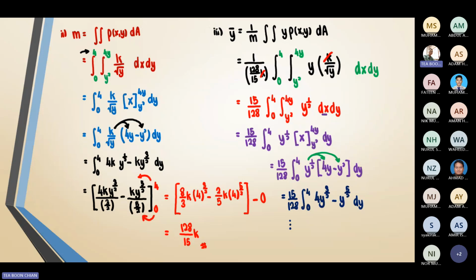Yes, you will notice that along the process of integration, you involve a lot of power fractions: 1 over 2, 3 over 2, 5 over 2. It is this kind of power that will slightly make your integration a bit messy and confusing. Therefore, take some time and patience, and do the integration properly.